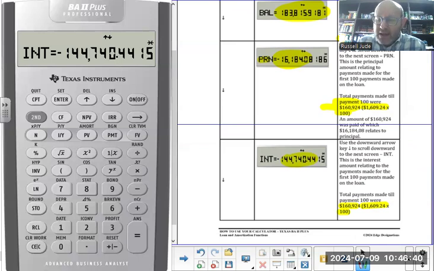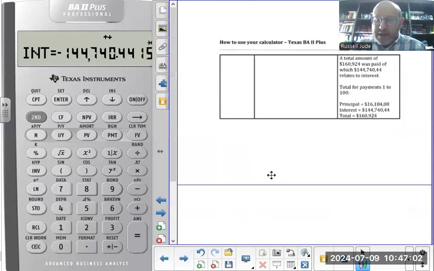So you can see again, of the total payments that I've made in my 100-month period, $160,924, the vast majority has been interest, 144,740, and only 16,184 is principal.